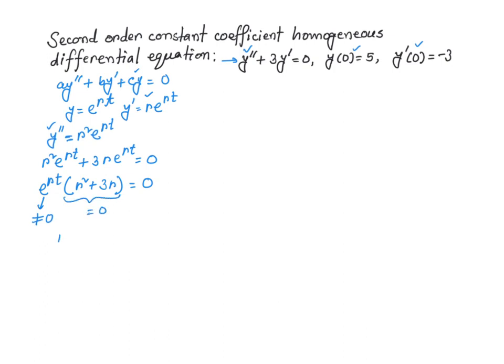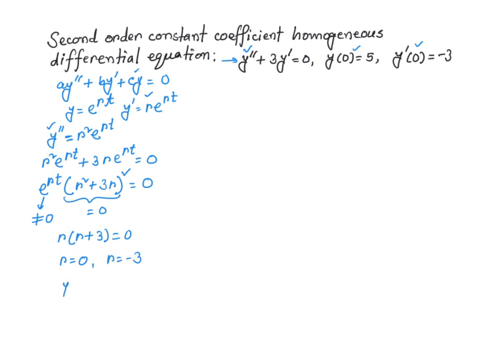If we factor out r, we are going to get r times r plus 3 is equal to 0. And by the way, this is the characteristic equation which we will solve in order to find the values of r. So r is going to be equal to 0 or r is going to be equal to negative 3.